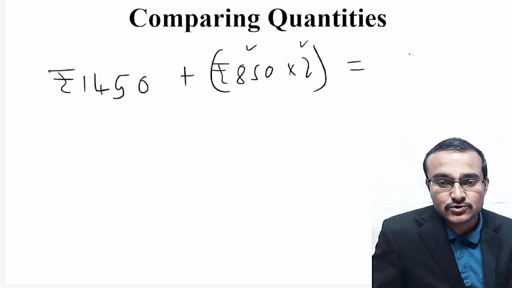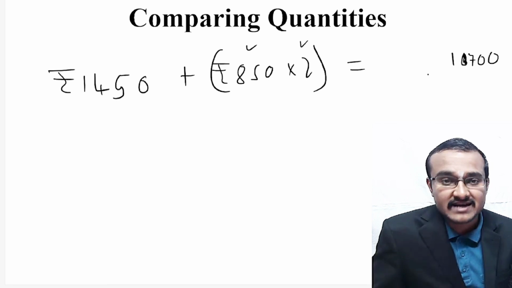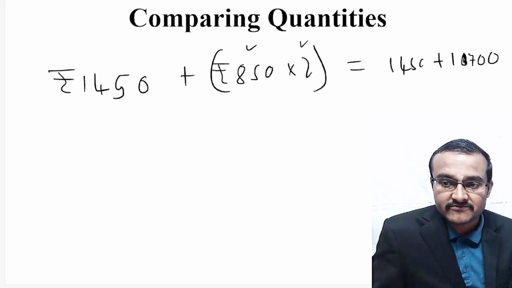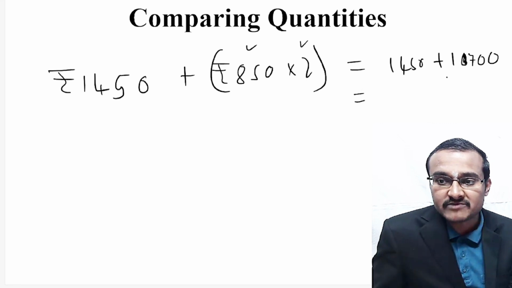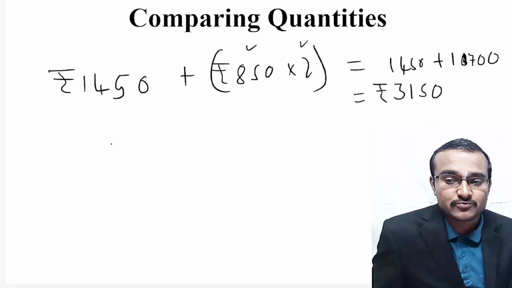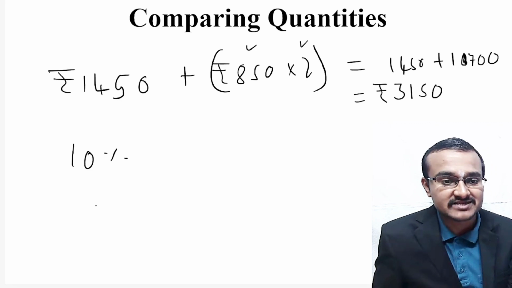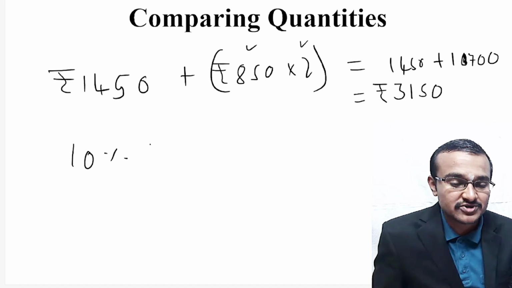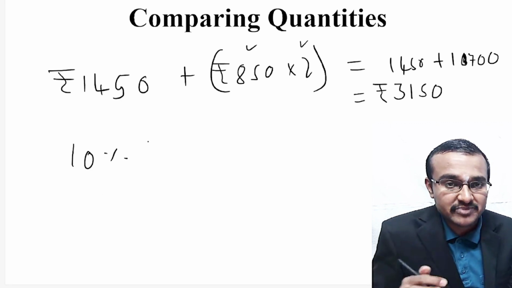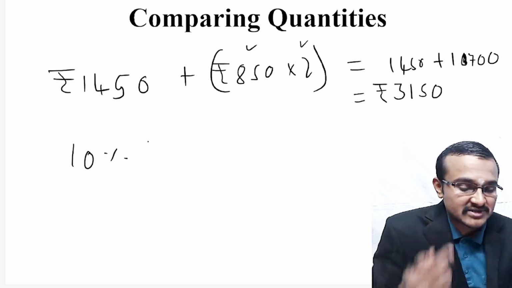So what is 850 into 2? 1700. So 1700 plus 1450. What is 1450 plus 1700? It will be 3150 rupees. But here the shop is offering a 10% discount. So you should just pay the remaining 90%.